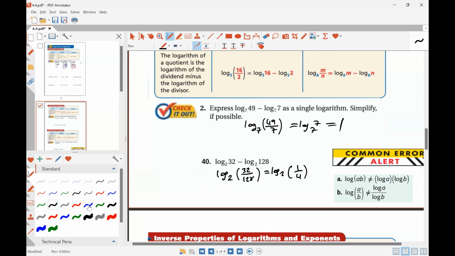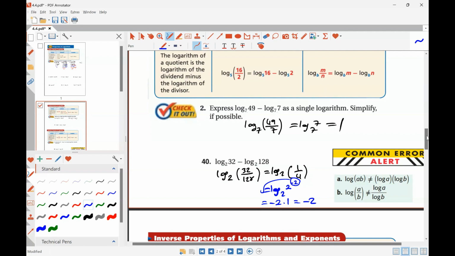Let me try. So it's log base 2 of, I can write 1 over 4 as 2 to the power of negative 2, right? In order to flip the number, I should use a negative exponent. So 2 to the negative 2 is equivalent to 1 over 4. Here I see an exponent, negative 2. Pull it out in front. So it's negative 2 times 1, which is negative 2.